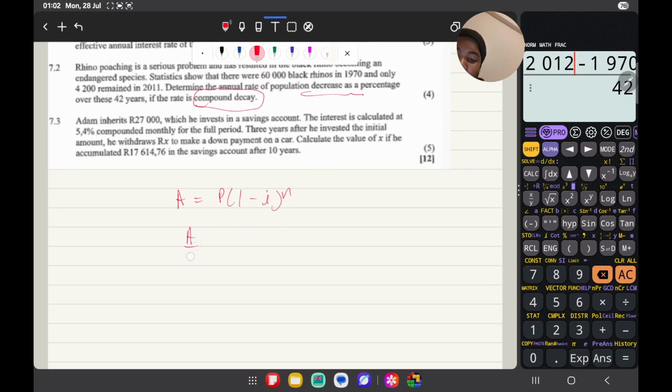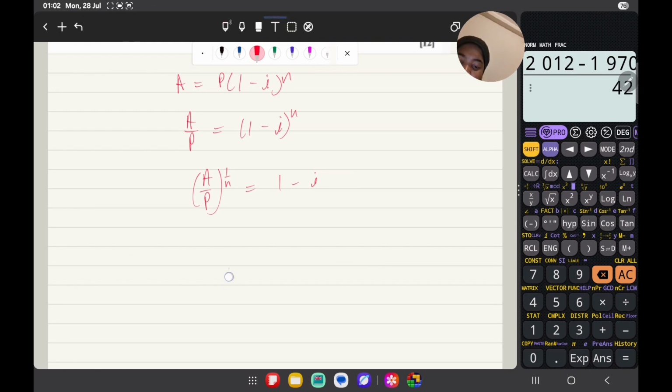So I'm going to have A over P, and then (A over P) to the power of 1 over n equals 1 minus i, with no brackets, because if I also raise this to 1 over n, the powers cancel, and then we just have that. And therefore i is going to be 1 minus (A over P) to the power of 1 over n.